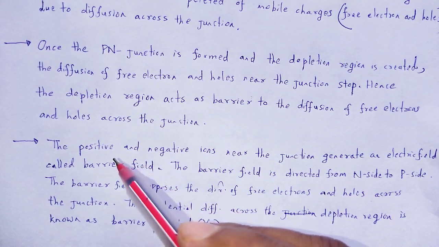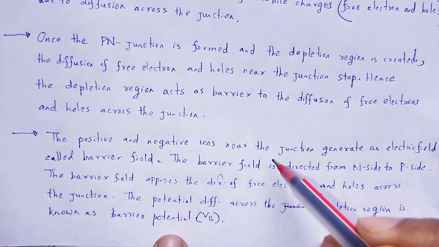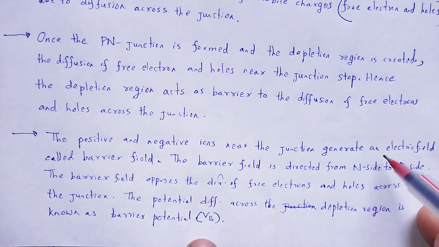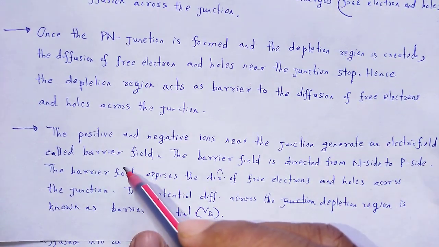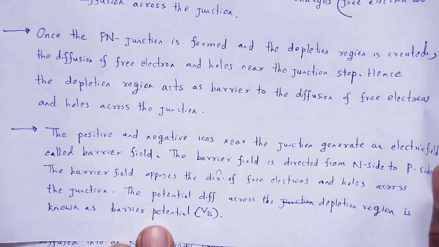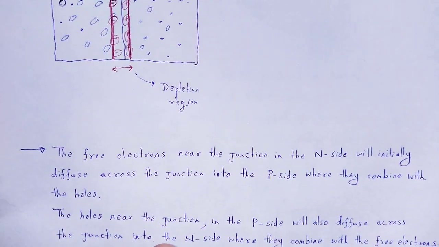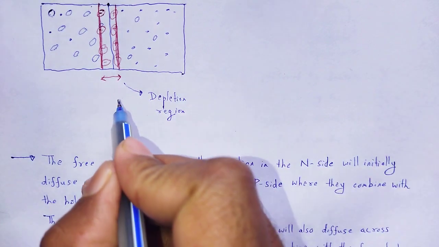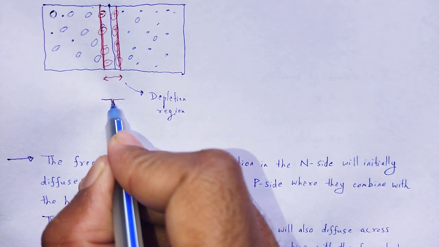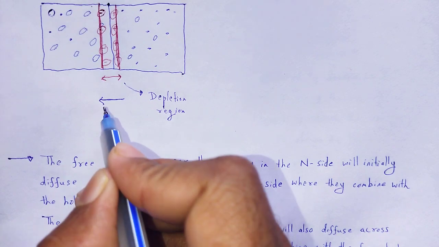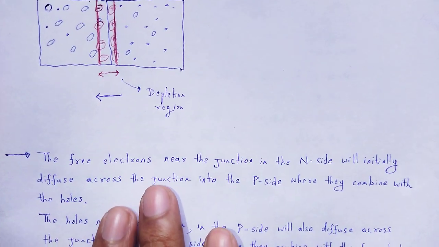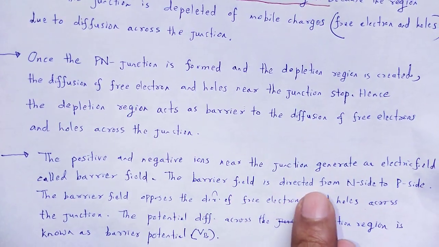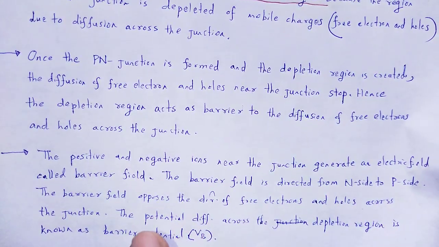As a result, the positive and negative ions near the junction generate an electric field called the barrier field. That is positive, here is negative. So, the electric field is created from negative to positive, and the barrier field is directed from N side to P side.